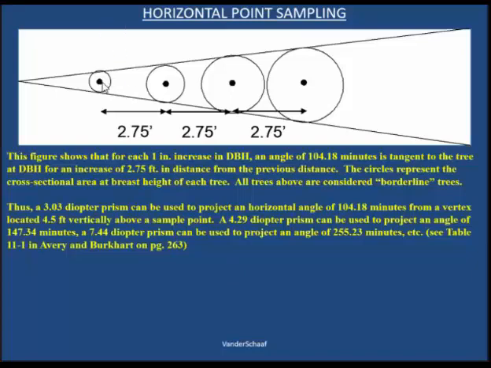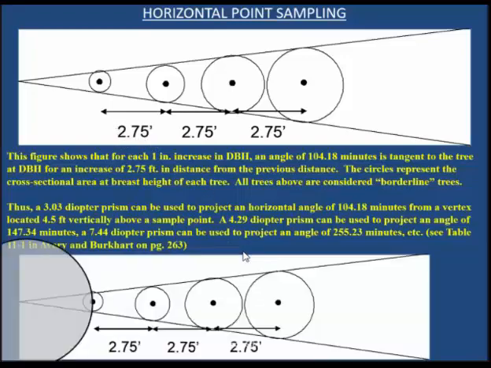As you increase in size 1 inch in diameter, that tree can be an additional plot radius factor away and still be sampled. And in this case, for a 10 BAF, it's 2.75 feet.